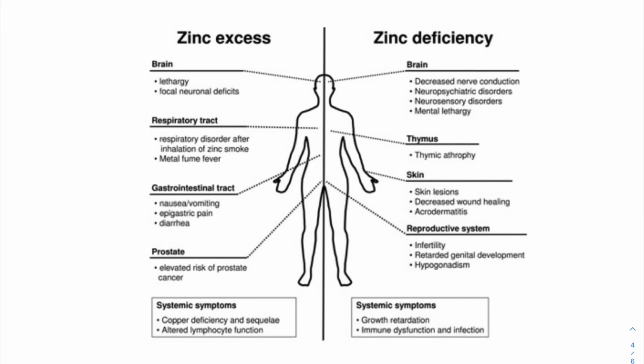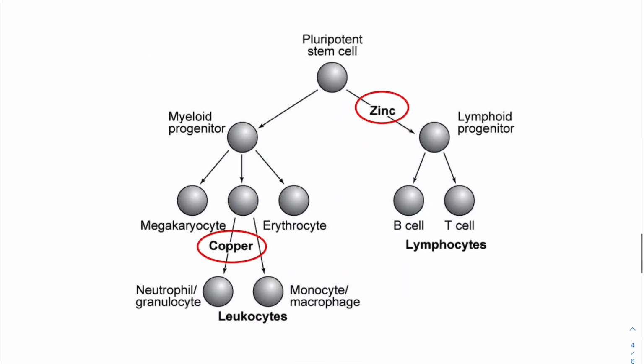Another way that zinc functions, and so it's very important that we're not deficient in it, is through immunoregulation by zinc and also copper. We'll talk about this in the copper video. So it's important for the differentiation of various immune cells. So zinc and copper deficiency impair immune function due to loss of lymphocytes, which is a result of zinc, and neutrophils, which is needed with copper.